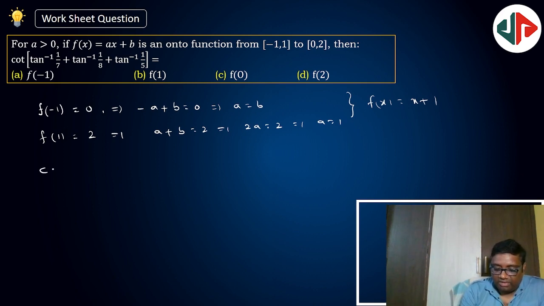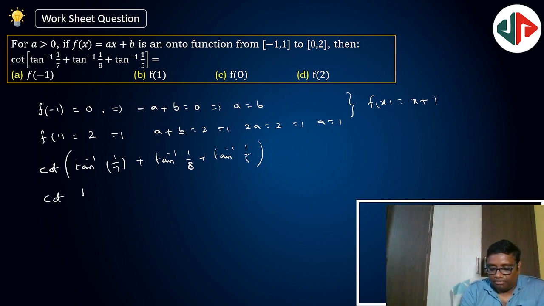Now you simplify this value. Cot of tan inverse of 1 by 7 plus tan inverse of 1 by 8 plus tan inverse of 1 by 5. Cot of tan inverse of x plus y by x minus y, if we simplify, what will we get here? This value is nothing but tan inverse of 15 by 55.